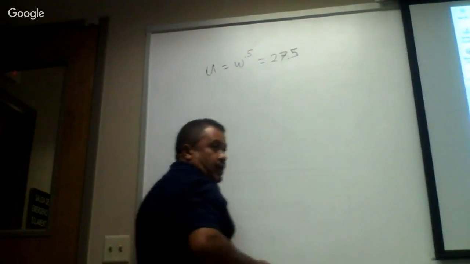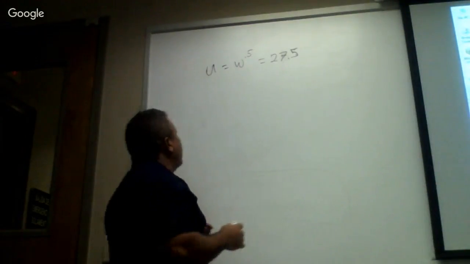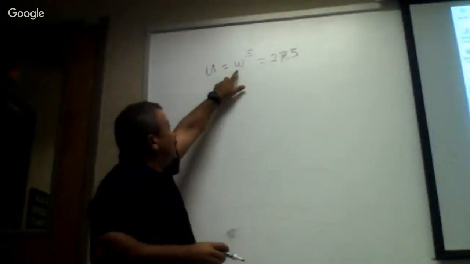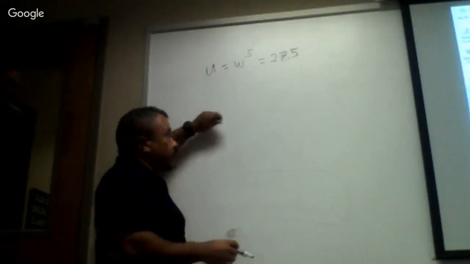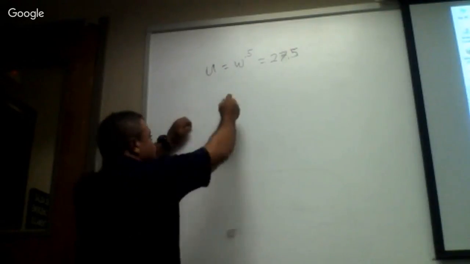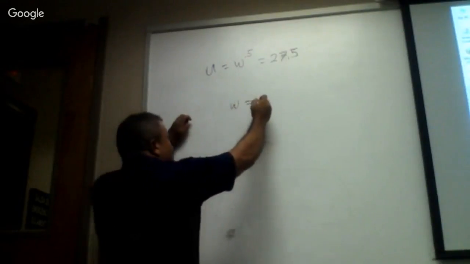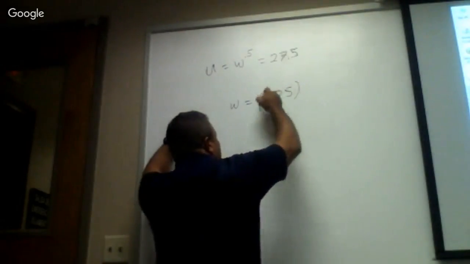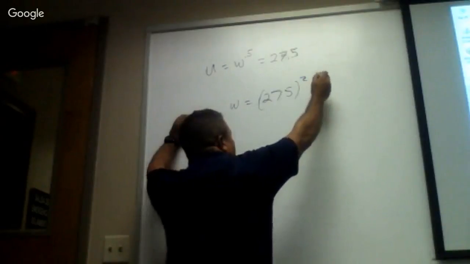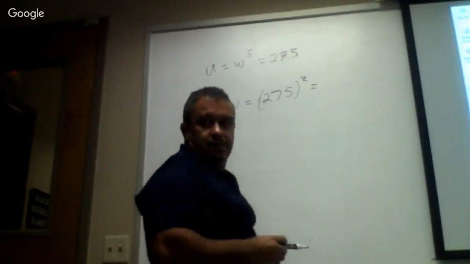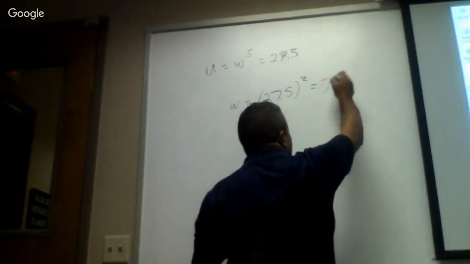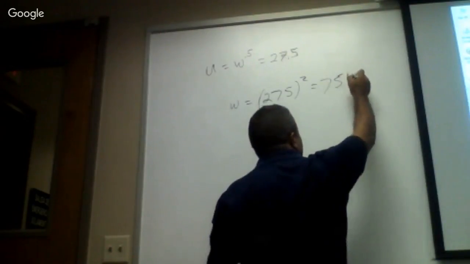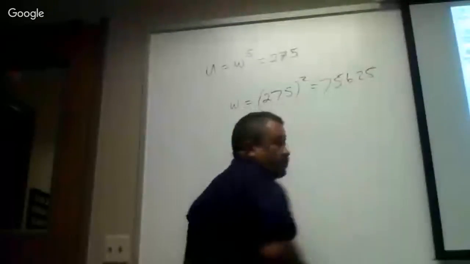So I have to solve for W, right? So I square both sides, and get W is equal to 27.5 squared, which is 756.25.